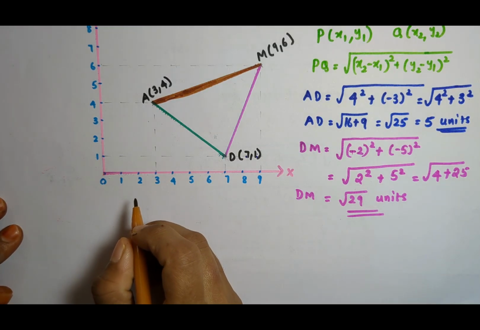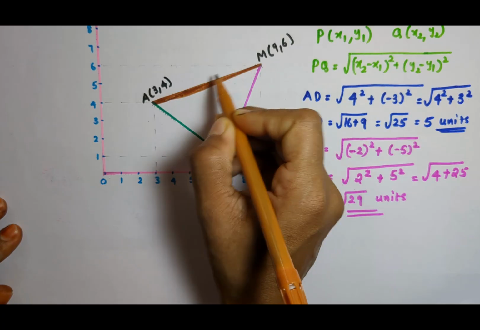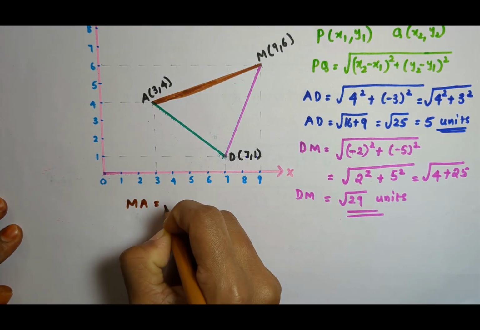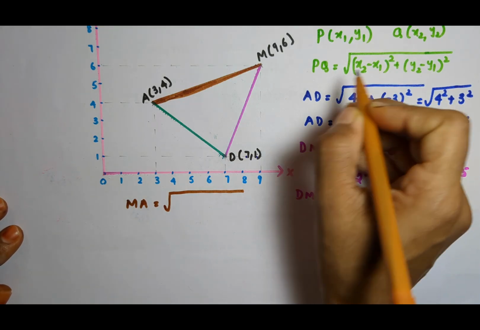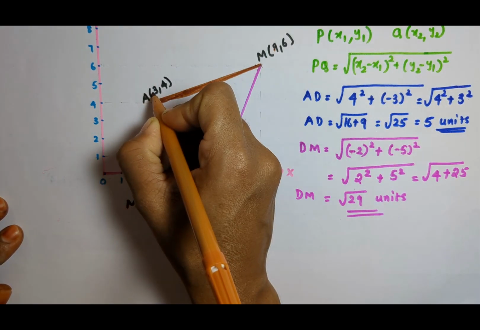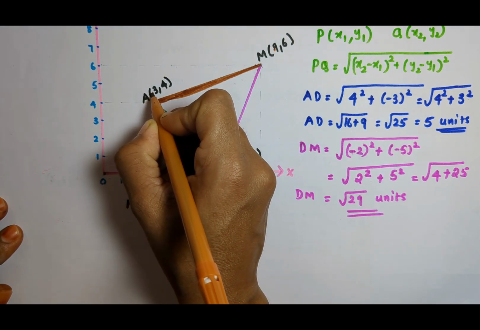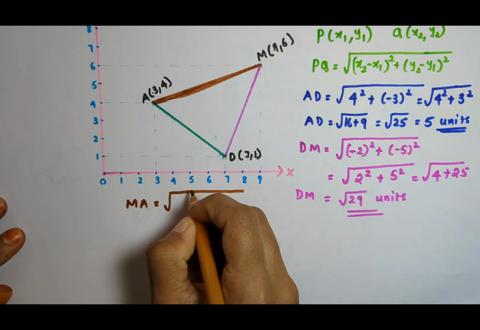Now let us find out the length of this side of the triangle, that is, we are going to find out this length MA. So MA will be equal to square root of x2 minus x1 the whole square, that is 9 minus 3. X component of M is 9, x component of A is 3, so x2 minus x1 means 9 minus 3, which is 6.